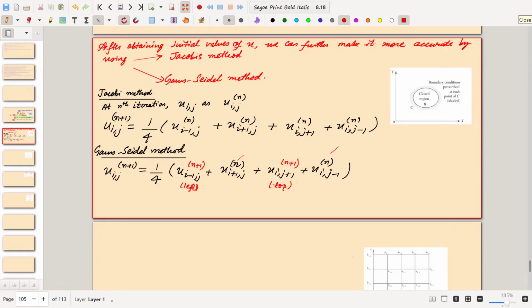Why? No. In Gauss-Seidel, whenever a latest value is available, you use that. No, it is not the first one, it is the n plus 1th iteration. It is not the first iteration.